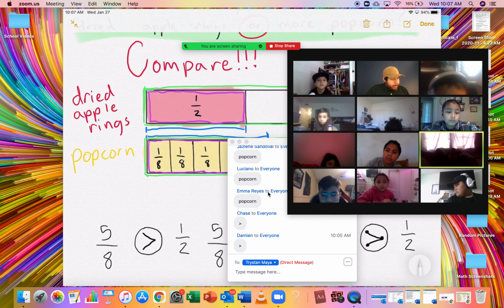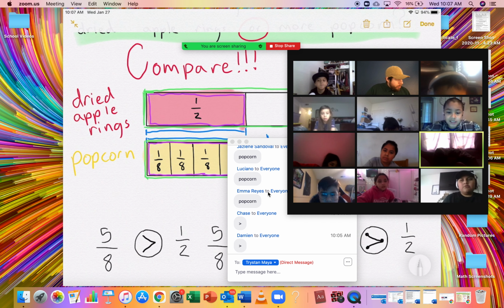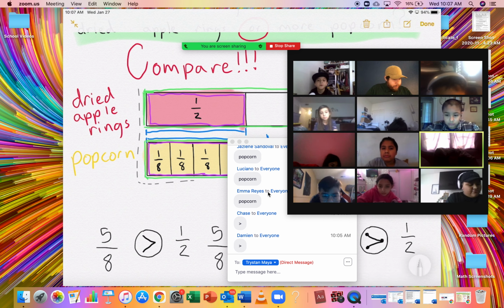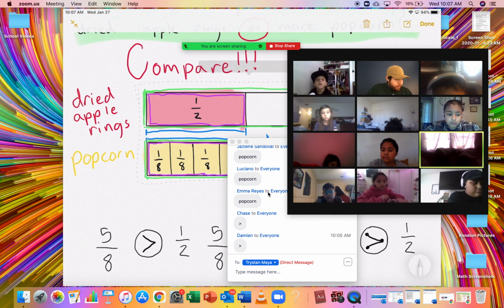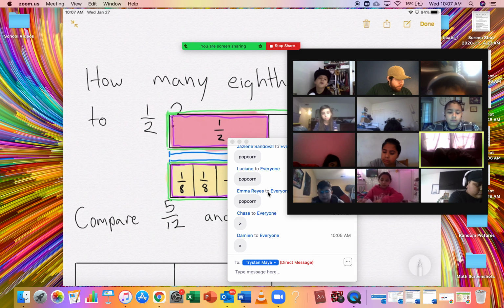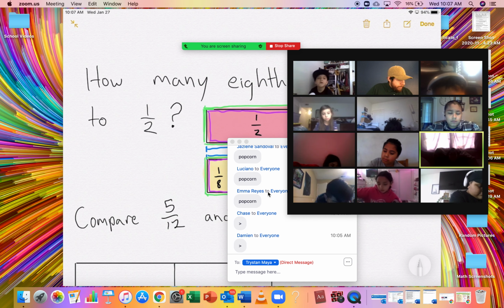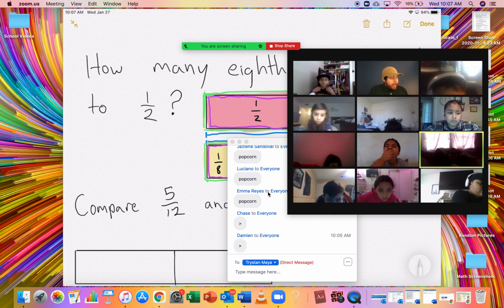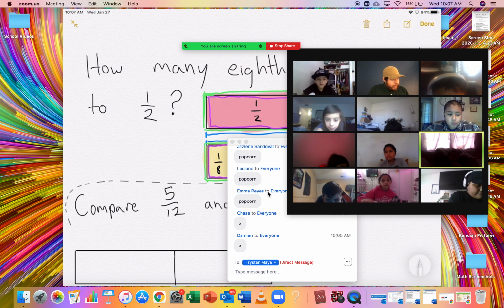We drew that right up here. If anything, I will copy that down so that we can have that over with us. How many eighths are equivalent to 1/2? How many eighths do we have? That is the same as 1/2.